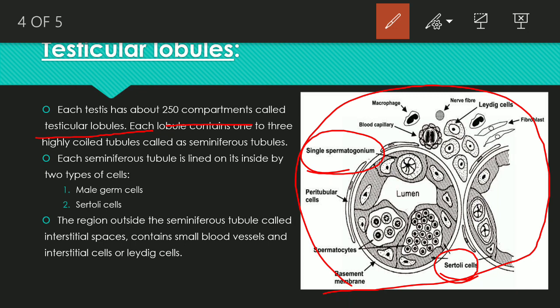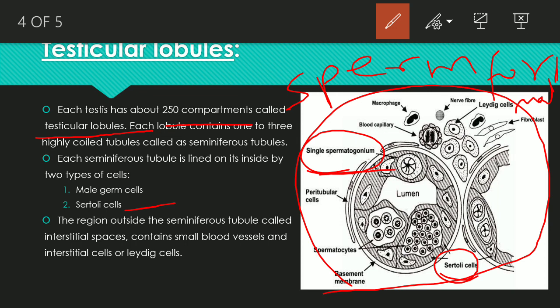The male germ cell or spermatogonia undergoes meiotic divisions, finally leading to sperm formation. And the main function of the Sertoli cells is to provide nutrition to the germ cell.